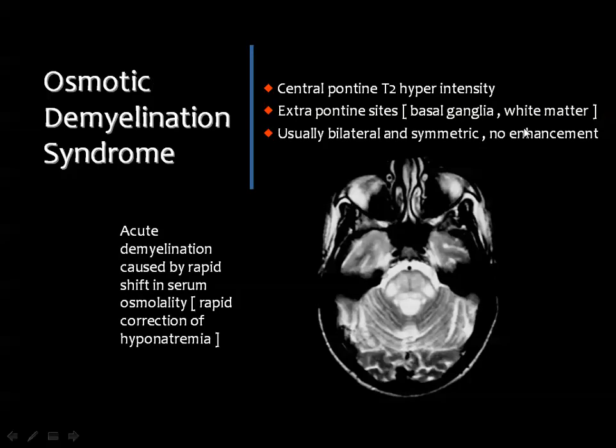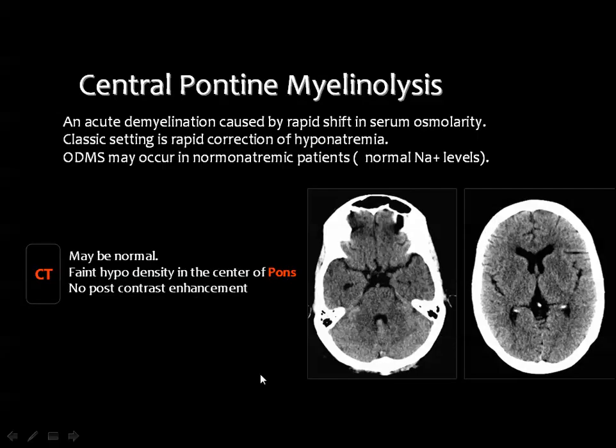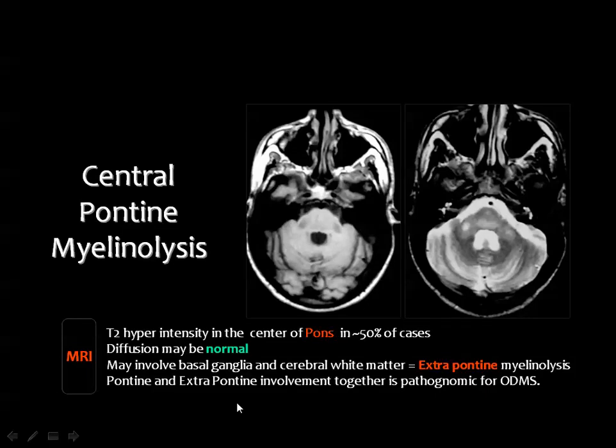or osmotic demyelination syndrome. In the CT scan, you may not appreciate the lesion because of the faint hypodensity of the lesions in the pons as well as in the basal ganglia. The lesions will not show any contrast enhancement.